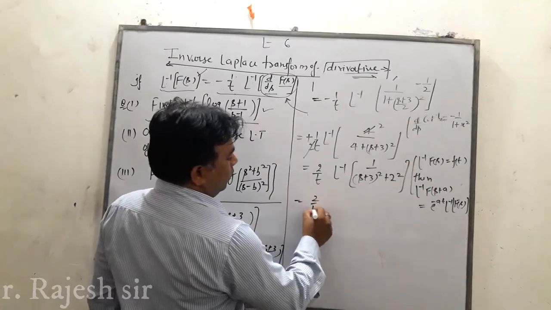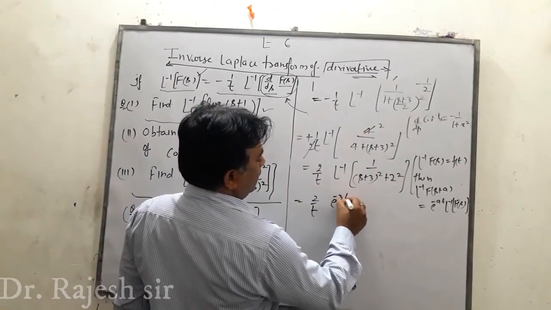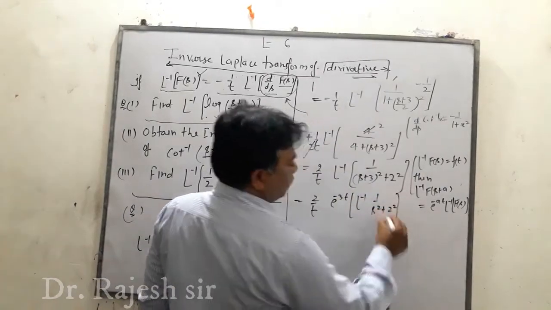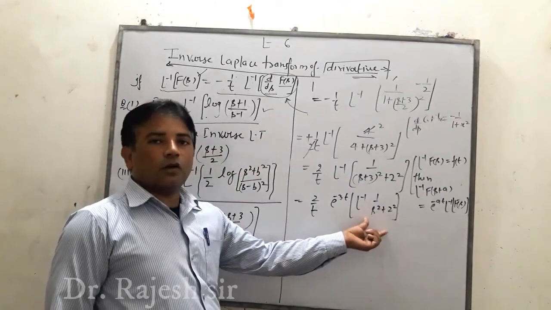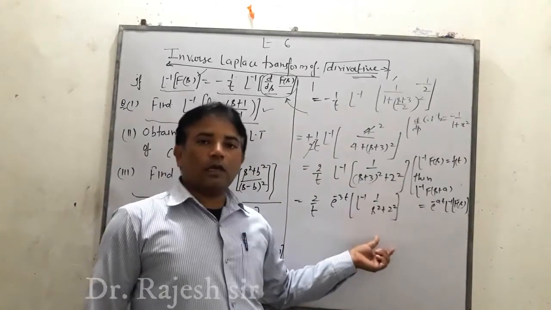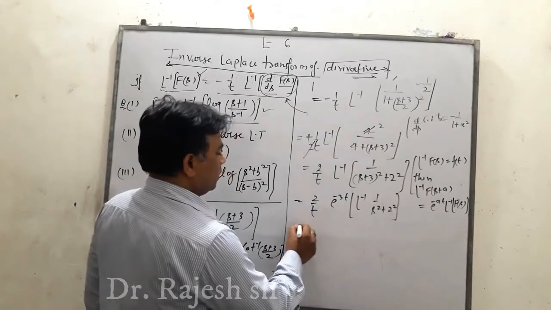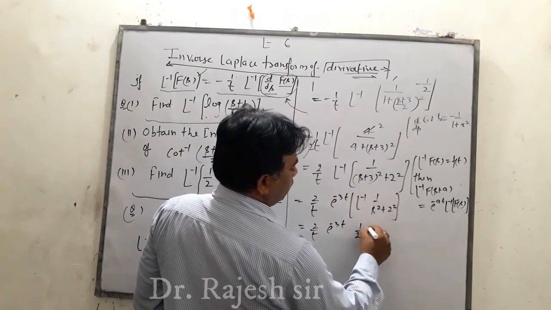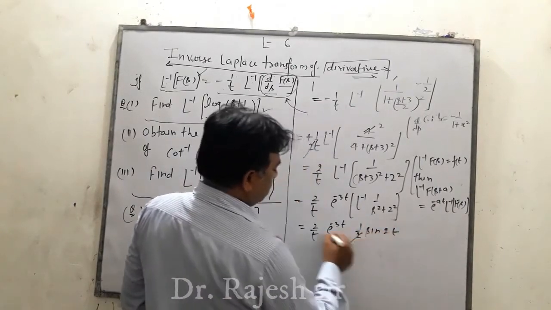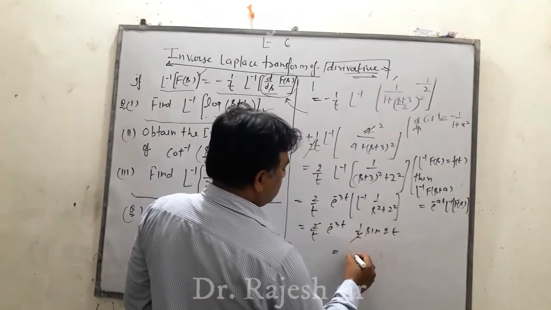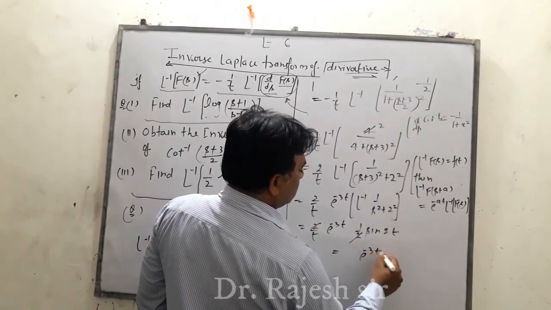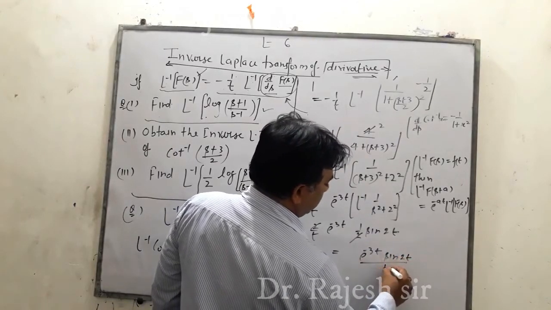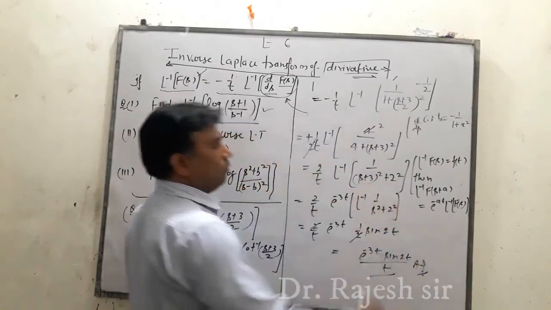Then 2 upon t, e to the power minus 3t, times the Laplace inverse of 1 upon (s square plus 2 square), which is 1 by a sine at. So 2 upon t e to the power minus 3t times 1 by 2 sine of 2t. Cancelling out, the value is e to the power minus 3t sine of 2t divided by t. This is the answer of this question.